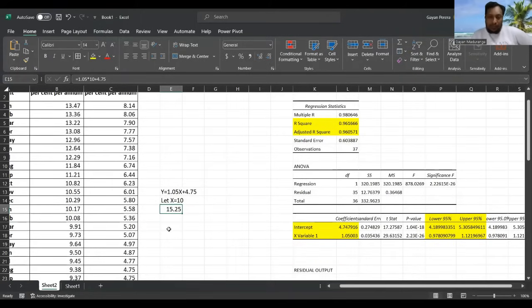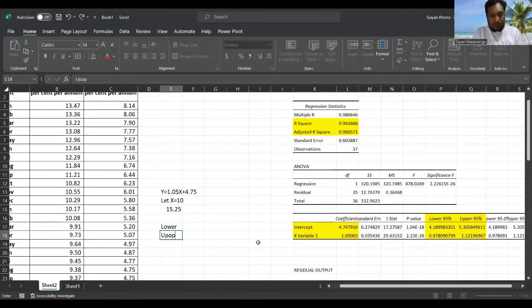Let's see if a manager wants to predict an interval without predicting a single value. If you want to predict an interval, let's use this. First of all, get the lower 95 and upper 95. So what is the lower equation?